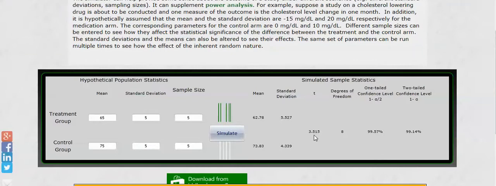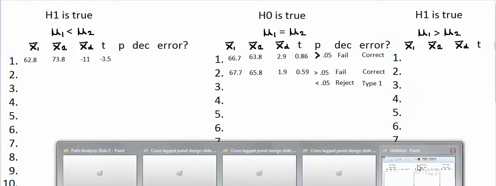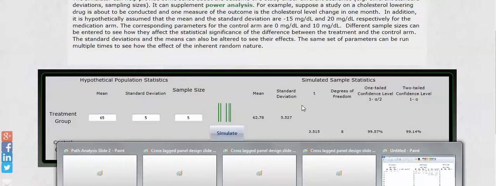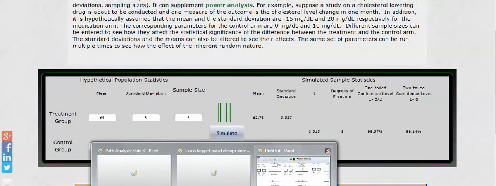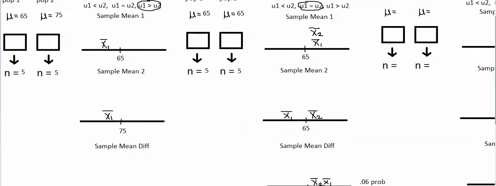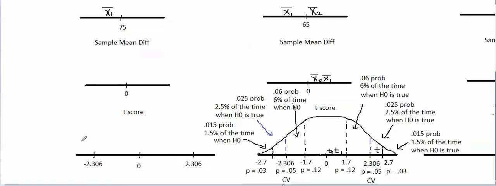It's actually, remember, a negative number, because if sample mean 1 is lower than sample mean 2, it's a negative t-score. So if it's a negative 3.5, which is about down here, it's in the negative rejection region because it's past the negative critical value out here.